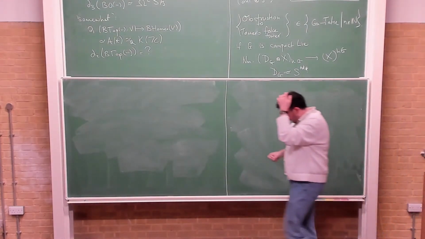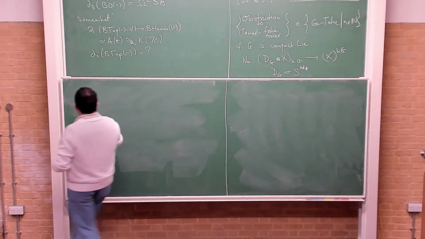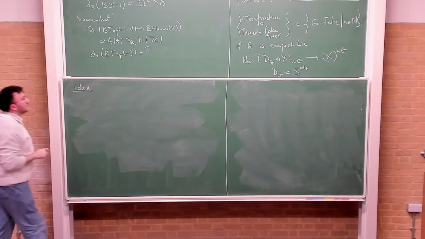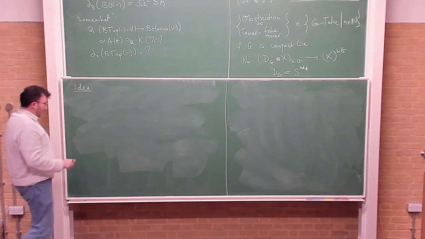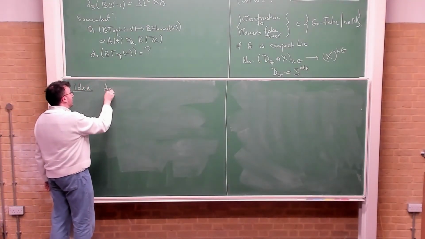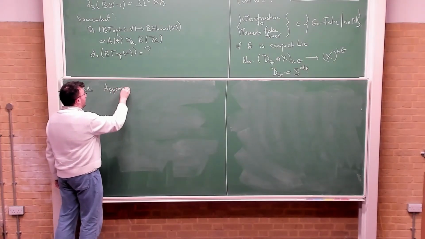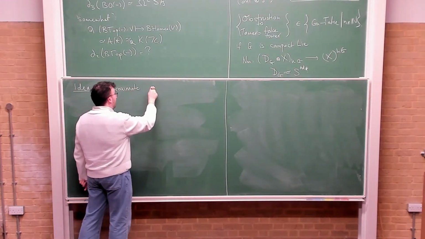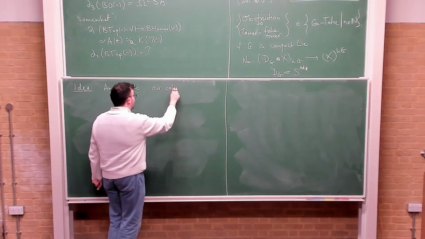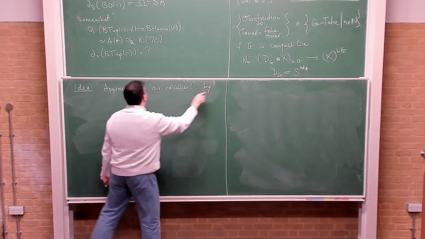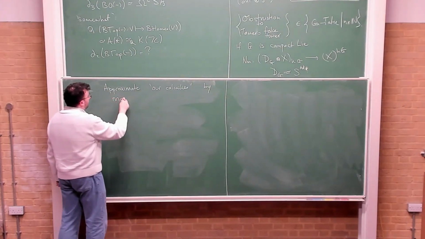Okay, so the idea to build this fake tower I want to propose to you is the following. That we should approximate R calculus, for some definition of R, by manifold calculus.